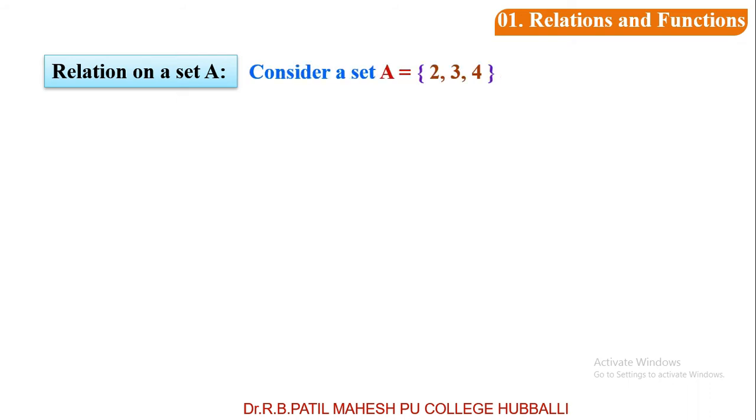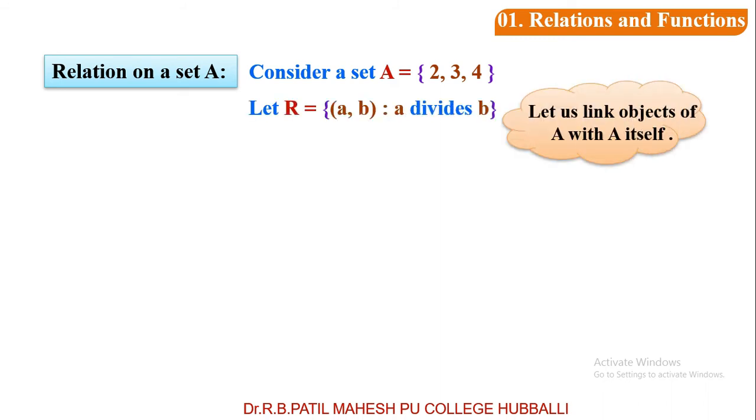Now let me take a relation on a set A. Dear students, in this I am going to explain how to write the relation in set builder form as well as in roster form. Let me take the set A as the elements 2, 3, 4, and we have a relation in set builder form. So R equals {(a,b) such that a divides b} is my relation in set builder form. What do you mean by set builder form?